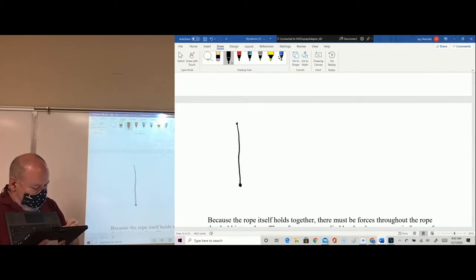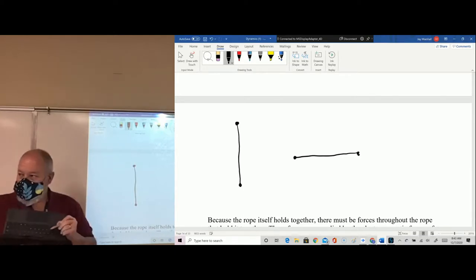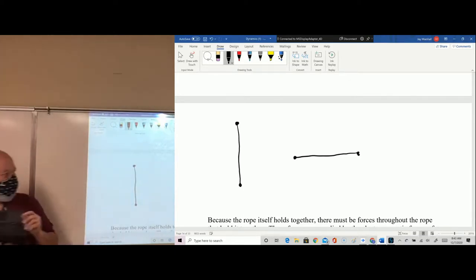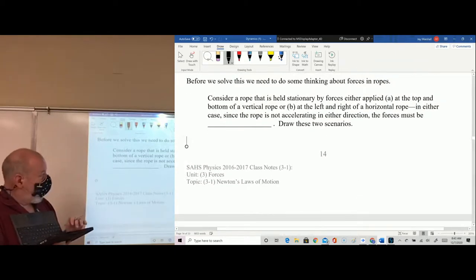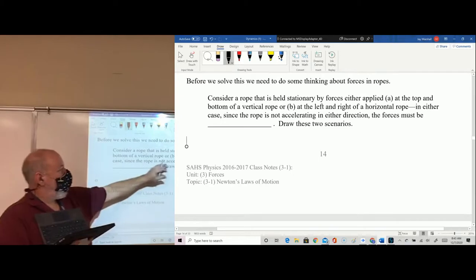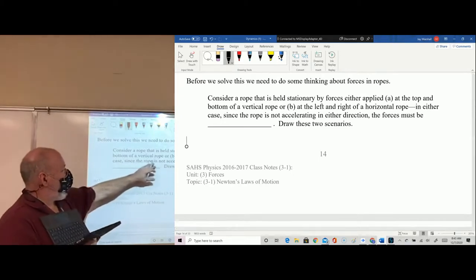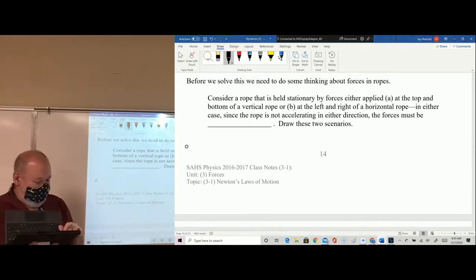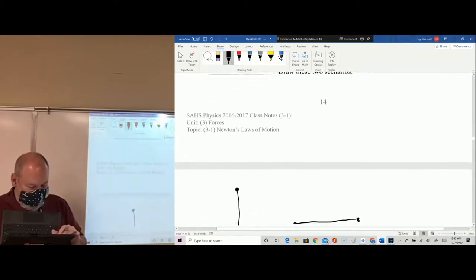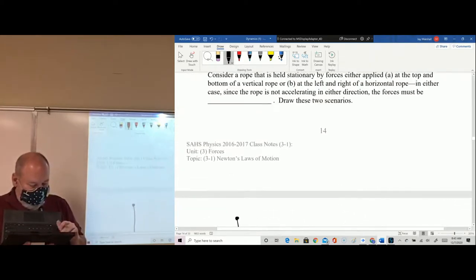I've got a rope like this that's vertical, and I've got a rope like this that's horizontal. Okay? In either case, since the rope is not accelerating in either direction, the forces must be what? Balanced.